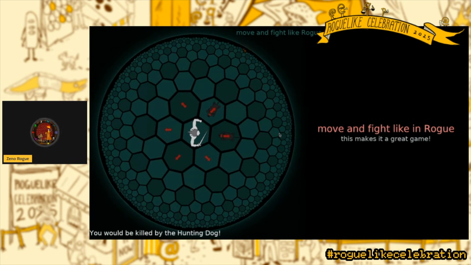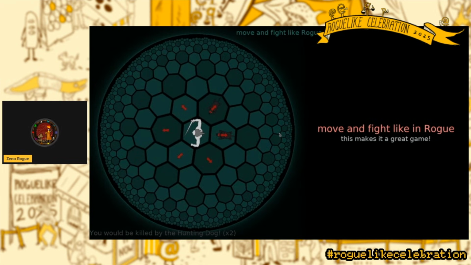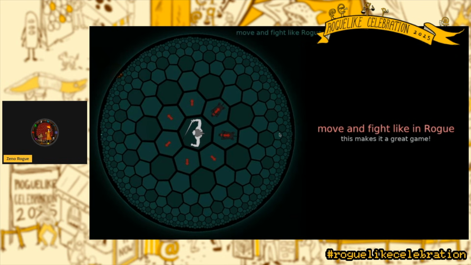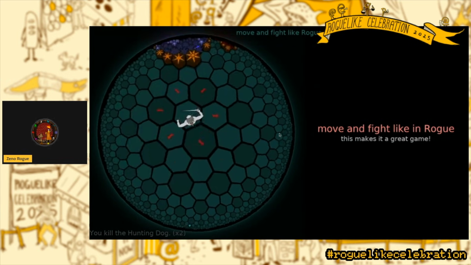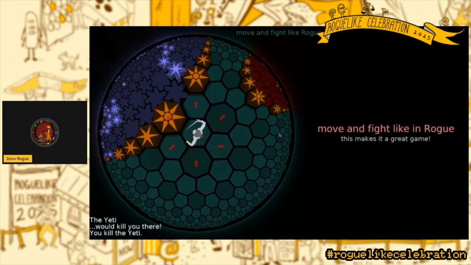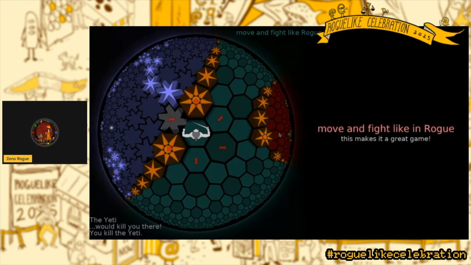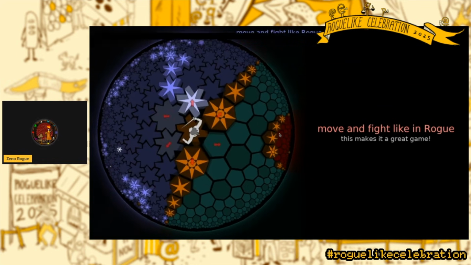Because if you attack one of them, the other one would attack us, and if we try to escape, they are still both close to us. But this is hyperbolic geometry, so we can actually stand on the heptagon, and this heptagon has this extra direction that Euclidean geometry didn't have. So we step here and we can defeat them. That's what actually makes this game cool.